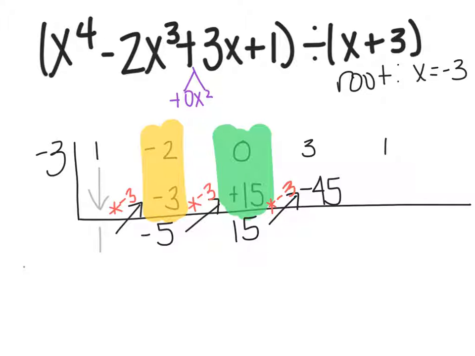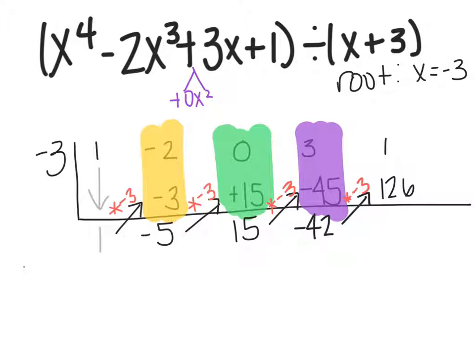And I'm going to be combining this time my 3 and my negative 45 together, which is negative 42. And then I'm going to multiply negative 42 times negative 3, and that is going to give me a positive 126. So now I'm going to combine my 1 and my 126 together, which is going to give me 127.